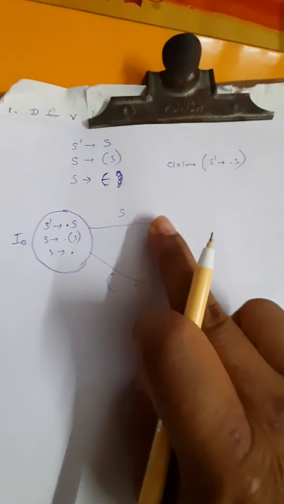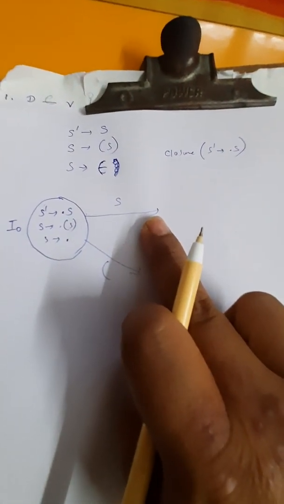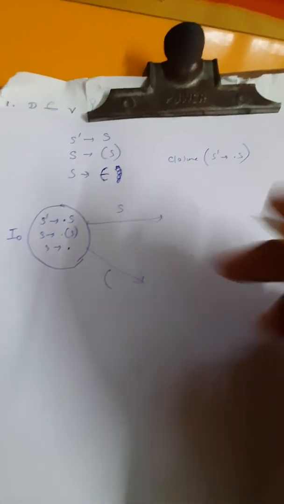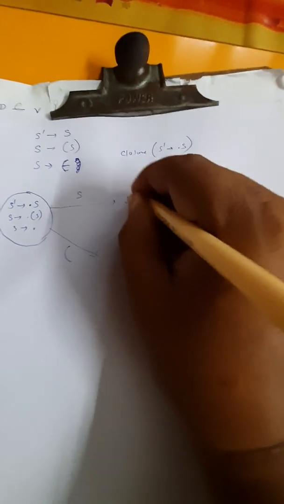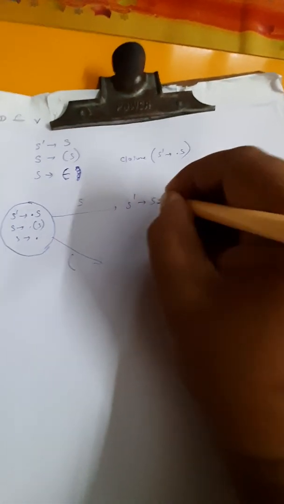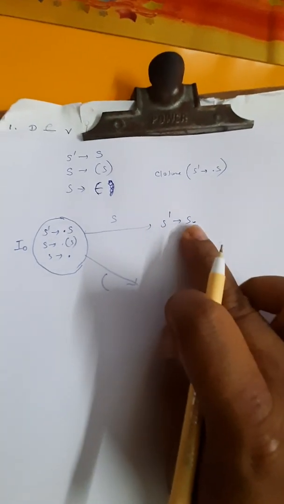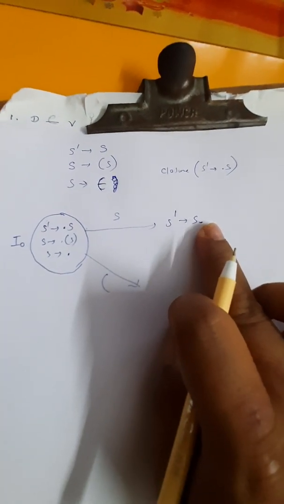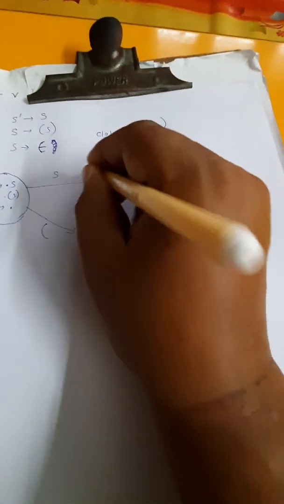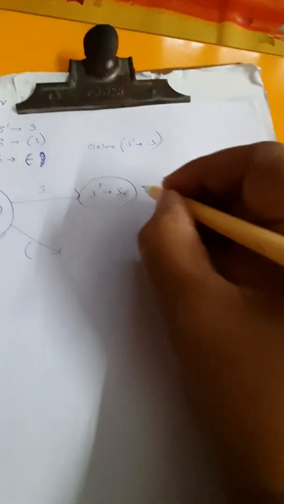So first consider this. What would be the result? First we must right shift the dot, and it produces this. Now we have to find the closure, but after the dot there is nothing, so nothing could be added. So our work is over. So this is I.